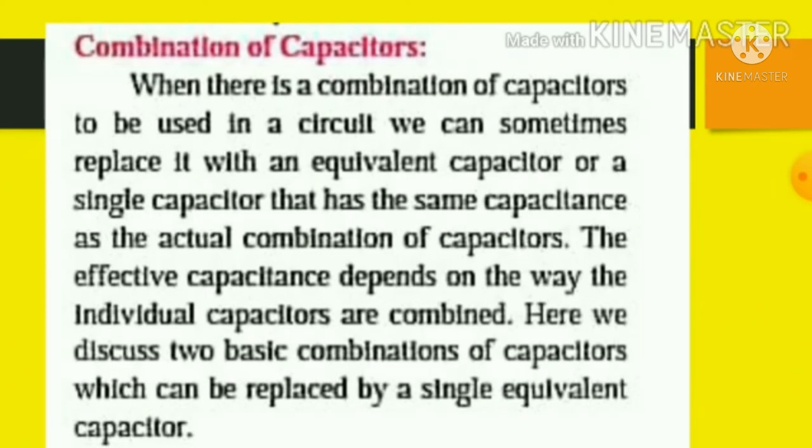These two conditions are useful. Whenever there is a combination of capacitors to be used in a circuit, we can sometimes replace it with an equivalent capacitor, a single capacitor that has the same capacitance as the actual combination of capacitors.